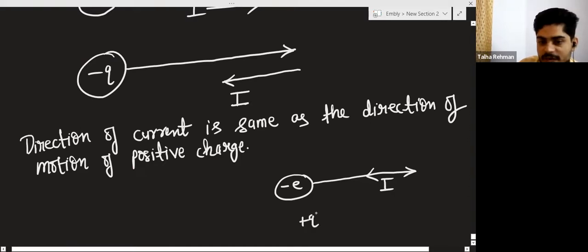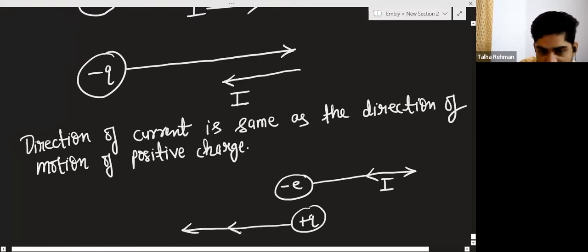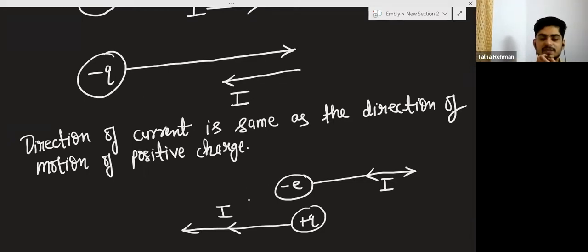If a positive charge is moving in this direction, then the direction of current is the direction of motion of the positive charge. It is opposite to the motion of a negatively charged particle, or the same as that of a positive charge.